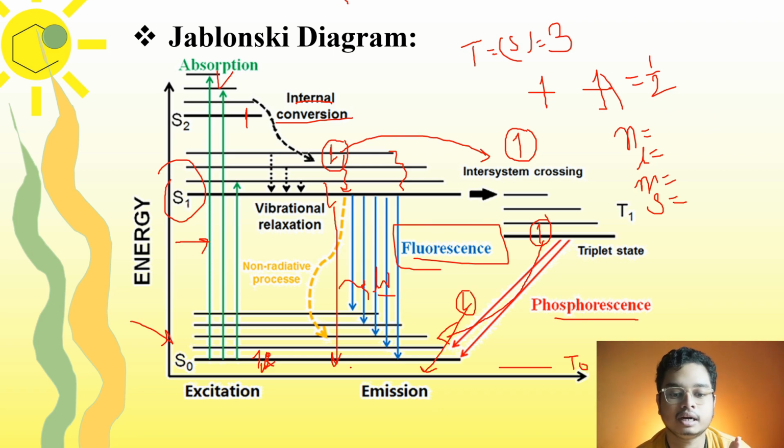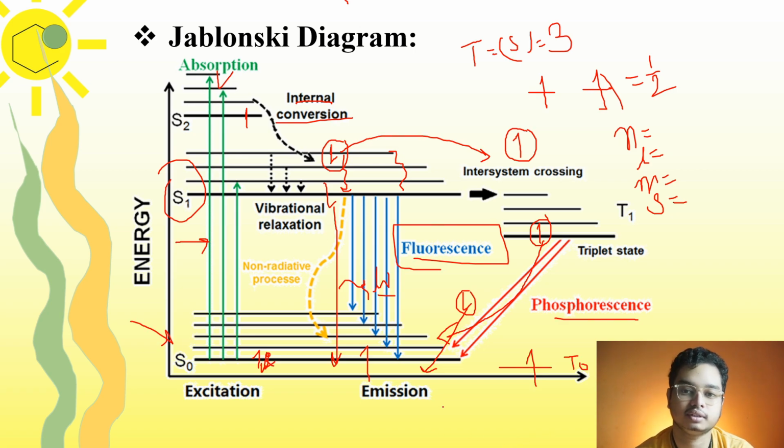Now if the two electrons have the same n, l, m, s, this is not possible, because the Pauli exclusion principle says that no two electrons can have all four quantum numbers the same. If a T0 state existed, one electron would be here, one electron here, and both would have the same quantum numbers, which is not possible, and that's why the T0 state does not exist.